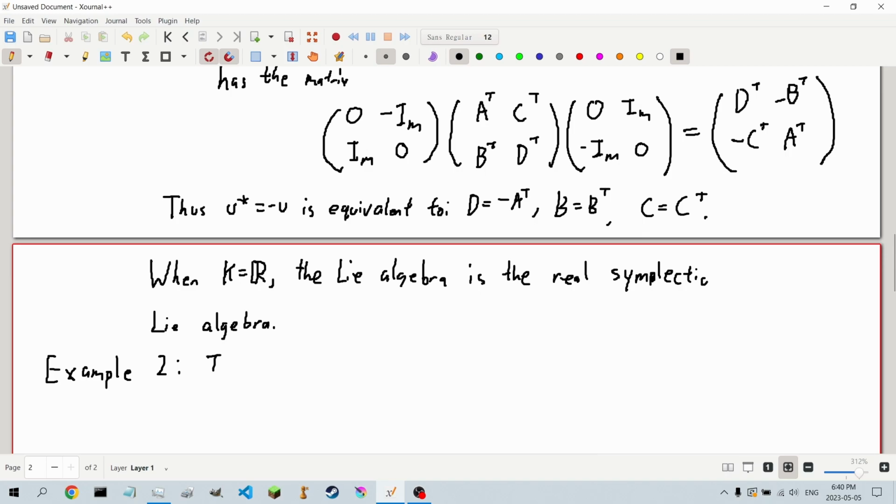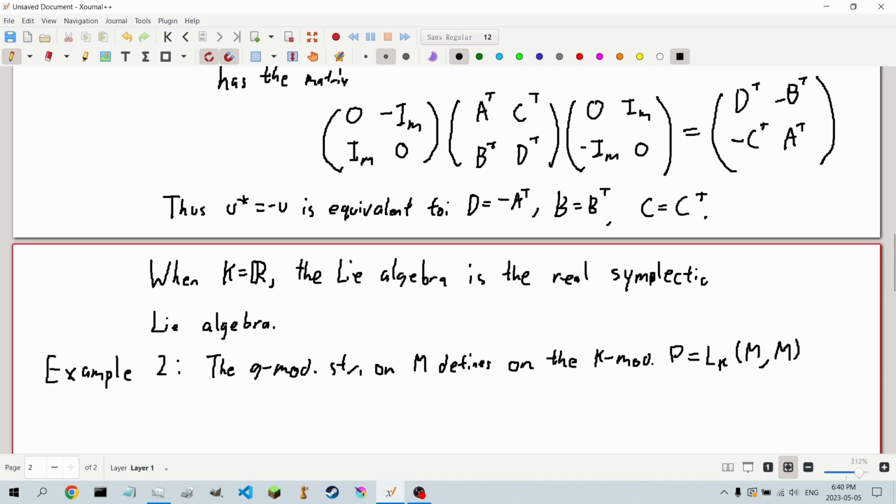So here, the G module structure on M defines on the K module, so just an ordinary module, what we're saying is P, which is K linear maps of M on itself.